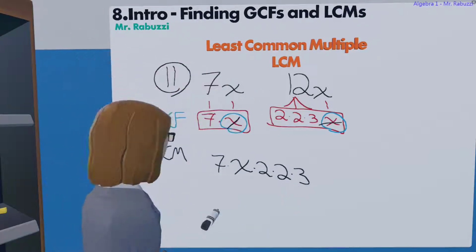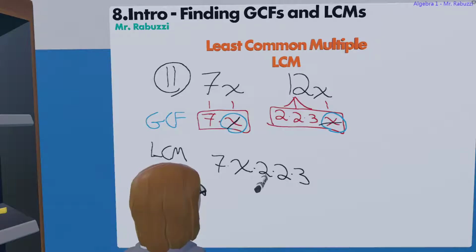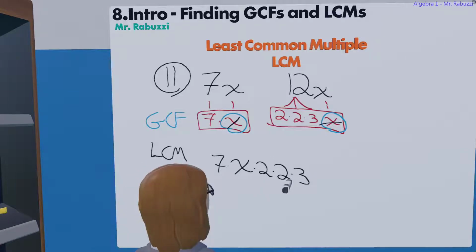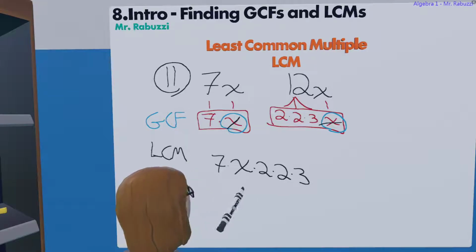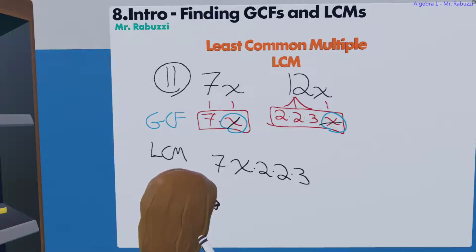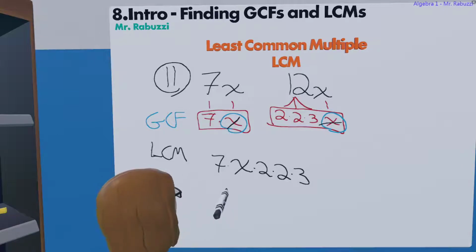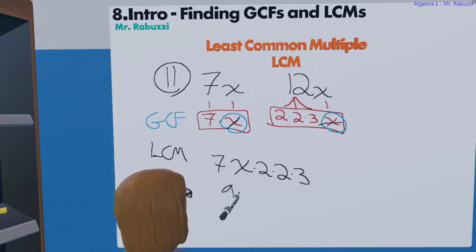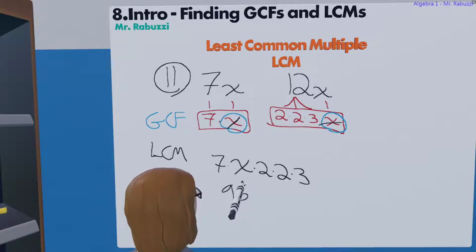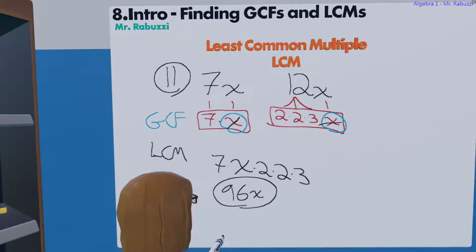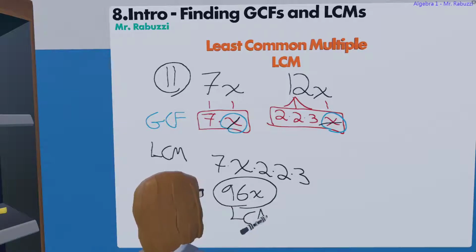Okay. Clean it up. 7 times 2 is 14. Times 2 is 28. 28 times 3 is 84. And then the x. That is the least common multiple.